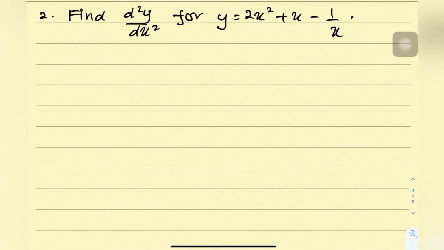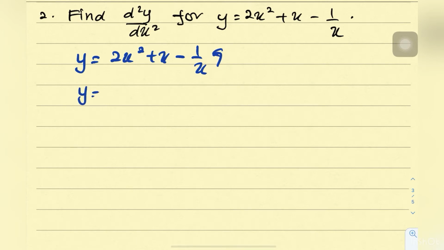Next, the second one: we have to find d squared y over dx squared for y equals 2x squared plus x minus 1 over x. Like I told you before, you have to find dy/dx first. You cannot differentiate directly, so you have to move up this x.